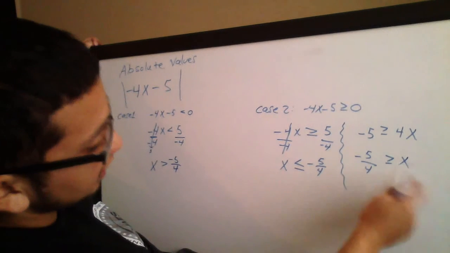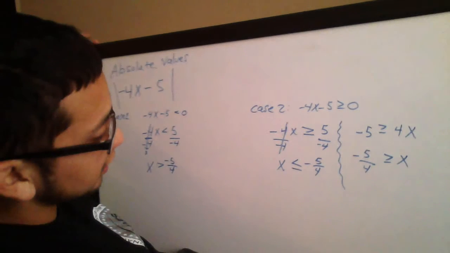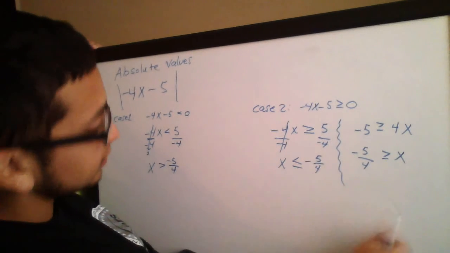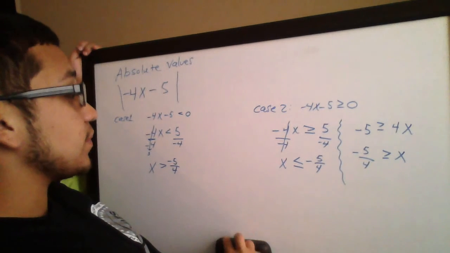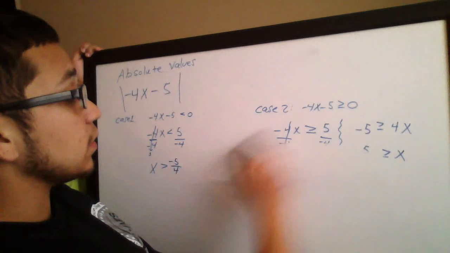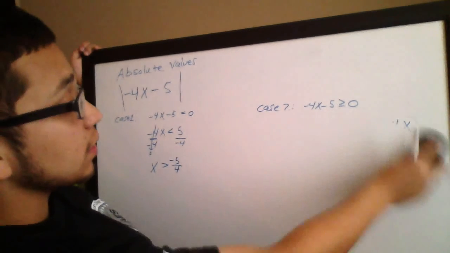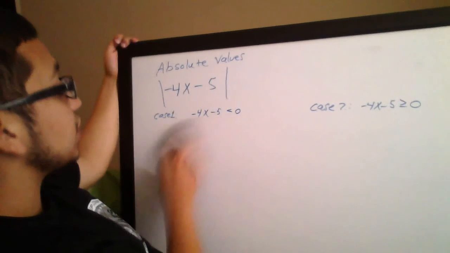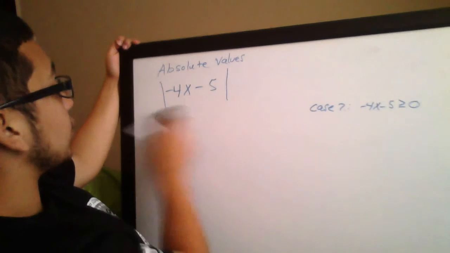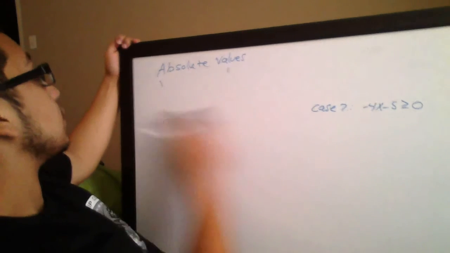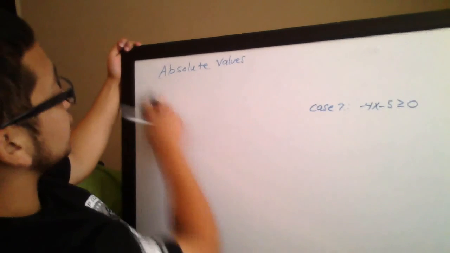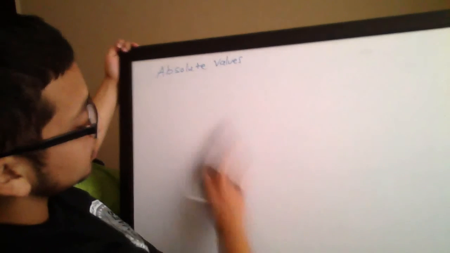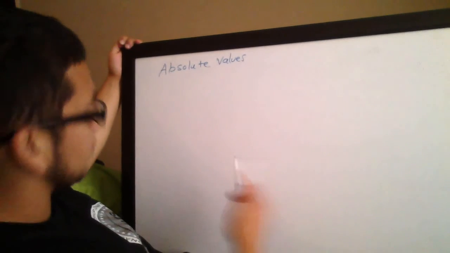Just do it that way if flipping doesn't make sense to you. But you will run into times where you have to flip that inequality no matter what. So you have to remember that property.